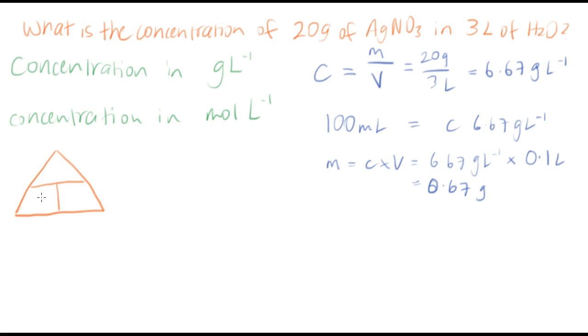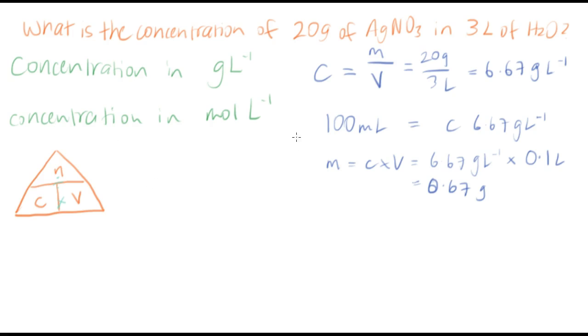Our concentration is our number of moles divided by our volume, because concentration is a rate. And remember that when you have 2 out of these 3, you can figure out the third one.